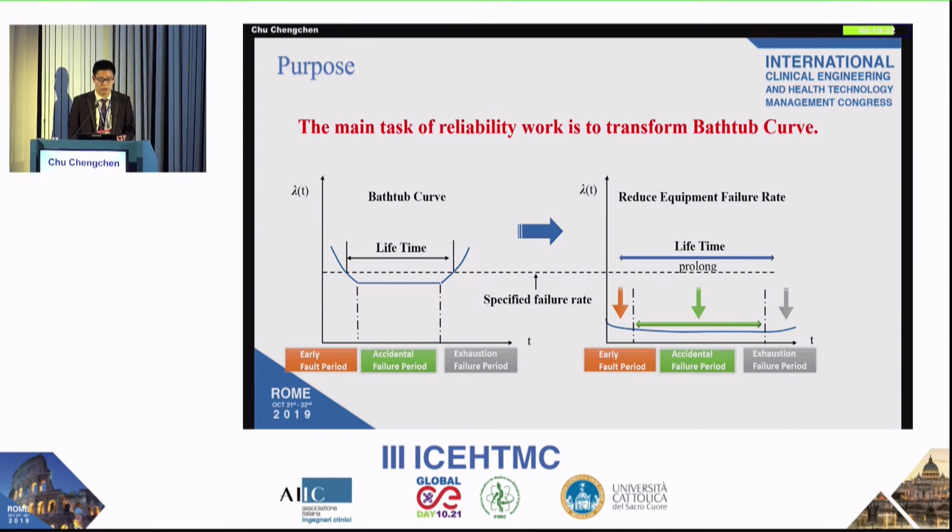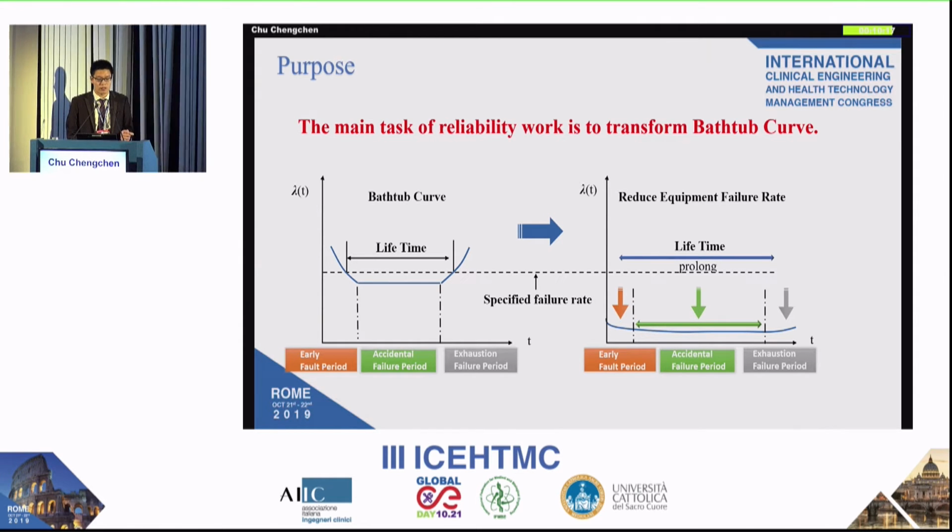The early failure period is when the products are put into use. The faults of the products are mainly caused by defects of design and manufacturing, such as improper design, improper installation, and improper adjustment.